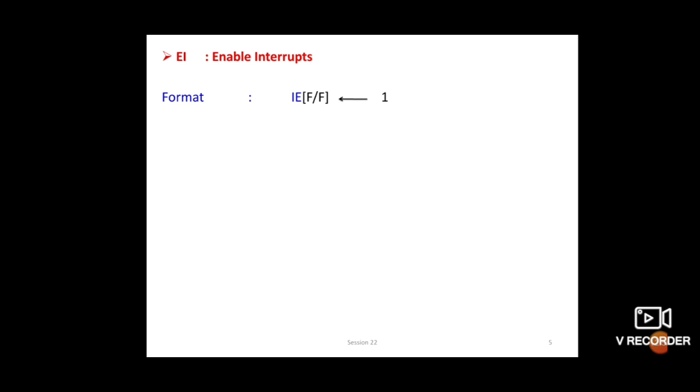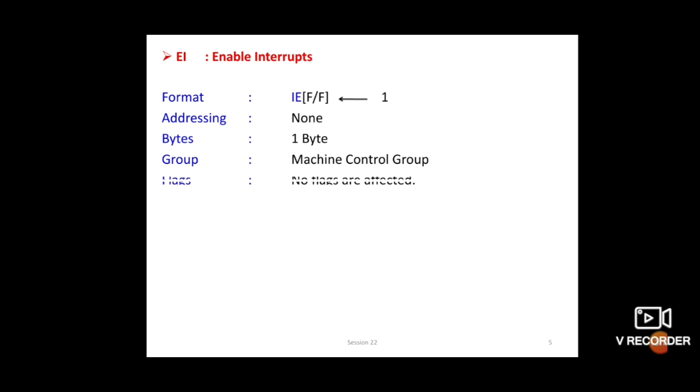Active means the interrupt is made active. Okay, means RST 7.5, RST 6.5, RST 5.5, all these interrupts are enabled. Addressing is none, it is 1 byte, and the group is machine control group.